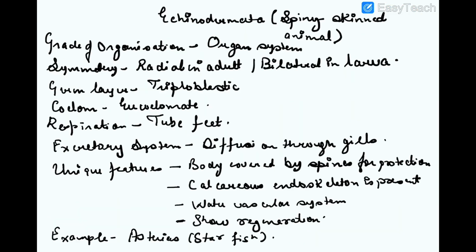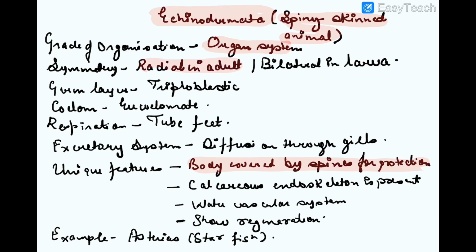Now let's start with the next phylum, that is Echinodermata. Echinodermata are known as spiny skinned animals because the body is covered by spines for protection. They have organ system level of organization. Symmetry is very important.